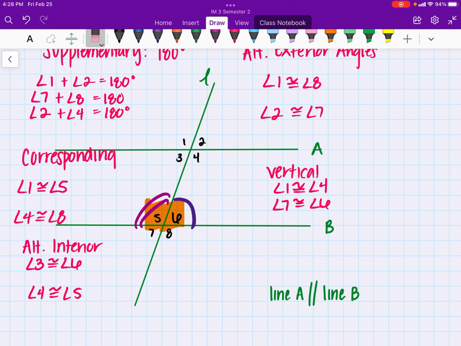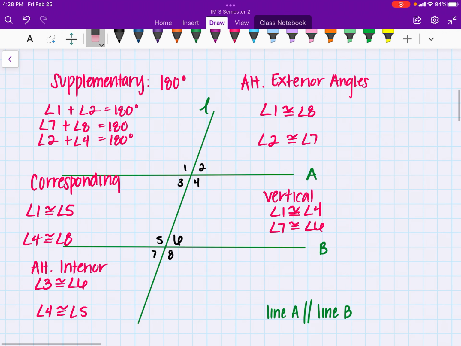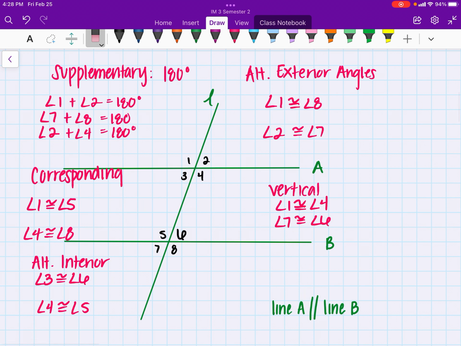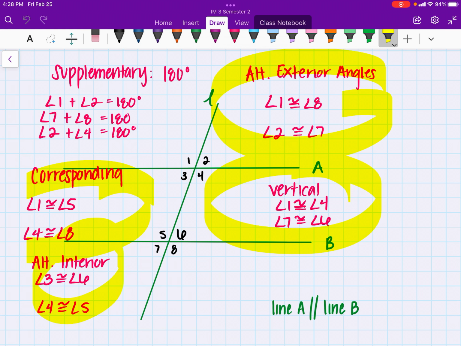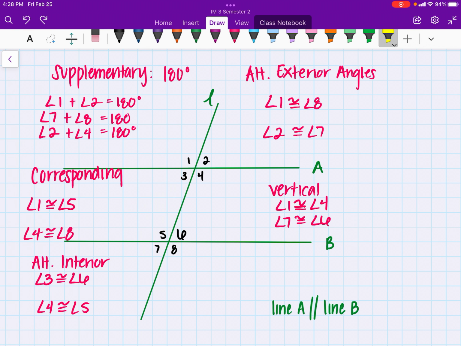Okay. Now, one thing else I did not mention is we did talk about supplementary angles, forming a line. But knowing all of these definitions now, I could actually say that I have even more supplementary angles. What I mean by that is I could say that angle 4 and angle 6 are both supplementary.